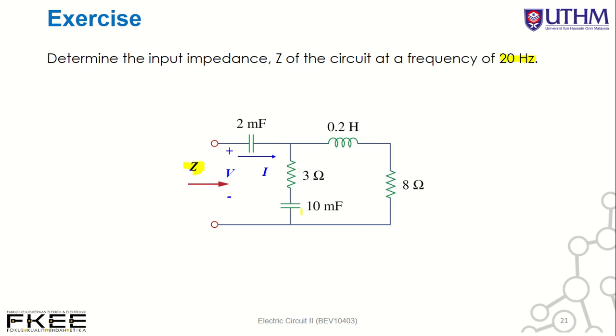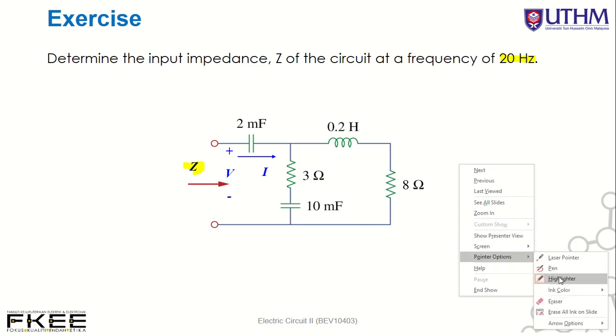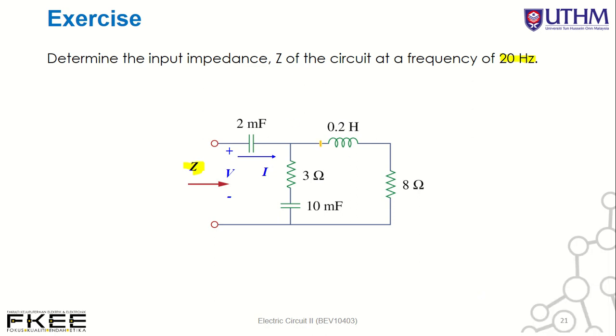First of all, you need to convert to the phasor domain. This one you can combine, this one you can combine. Let's say this is your Z1. This is your Z2, the combination of ZR plus ZC. And this is your Z3, ZR plus ZL.